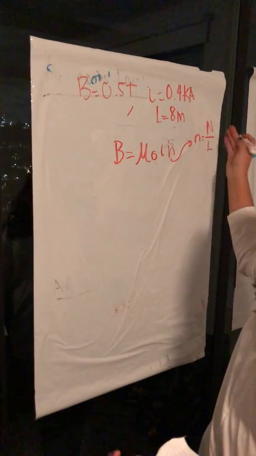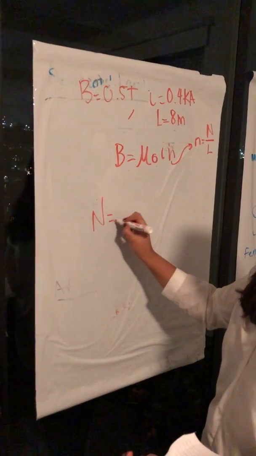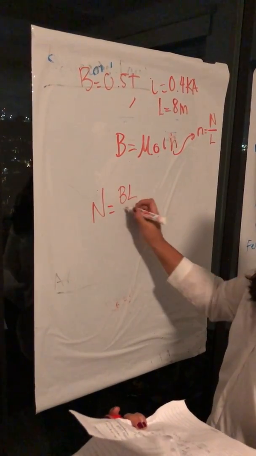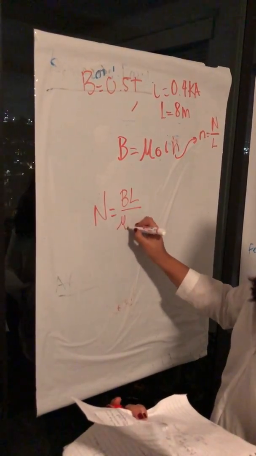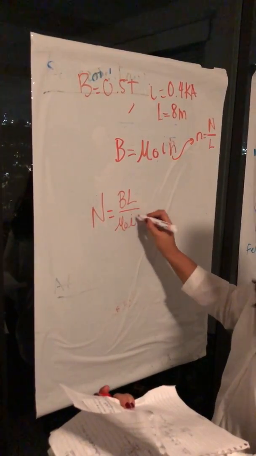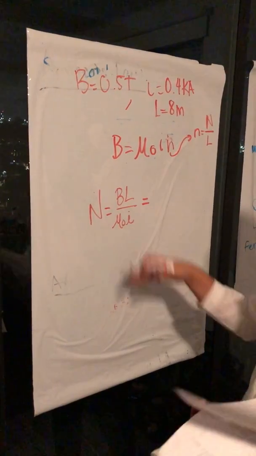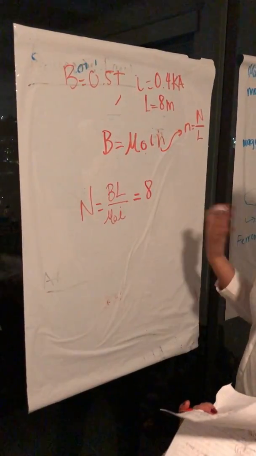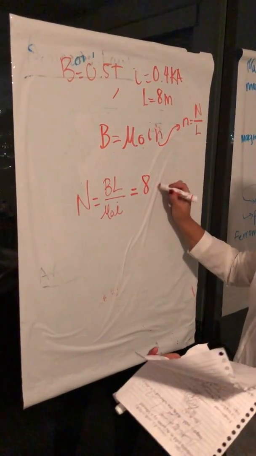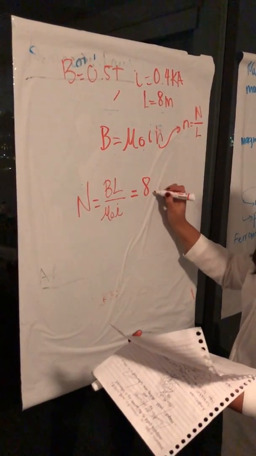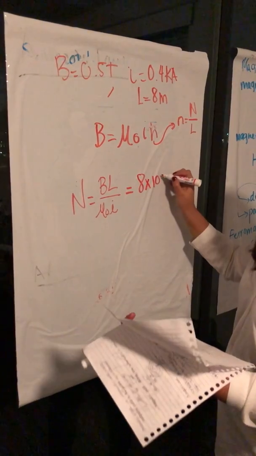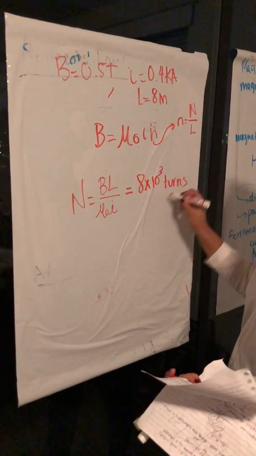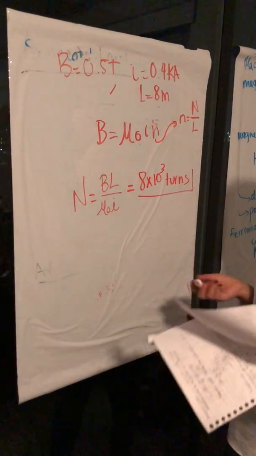So solving for n, that is the one that we want to find, we have the magnetic field times the length over the constant times the current. Substituting all of our values, we will obtain that the number of turns that our solenoid has would be 8 times 10 to the 3 turns. And this would be all.